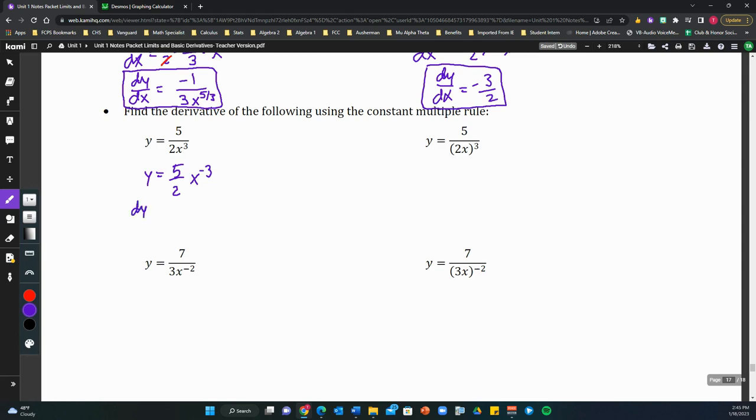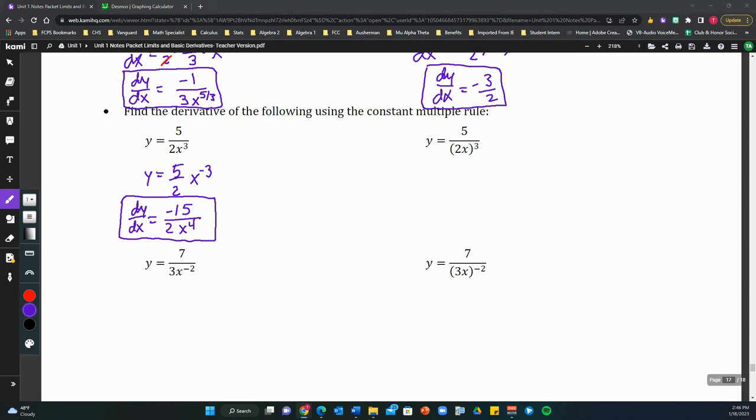Now we can do the power rule, so we would get dy/dx. Bringing down the -3 would give me -15/2. And then my new exponent will be x to the -4th. Again, with those negative powers, we get smaller, or really it's a bigger negative number when we subtract 1. So x to the -4th really means x to the 4th in the denominator. Again, don't leave negative exponents in your final answer.